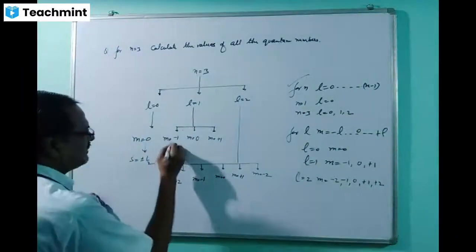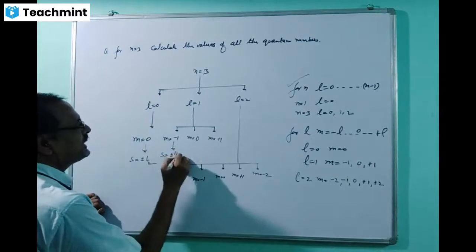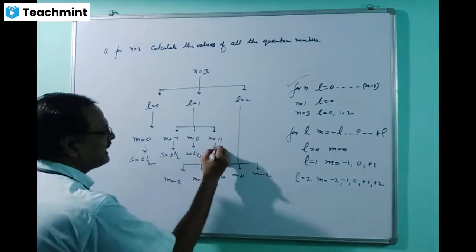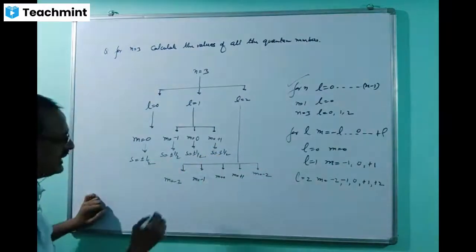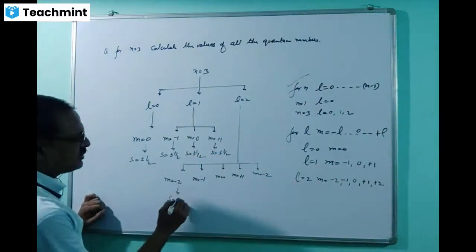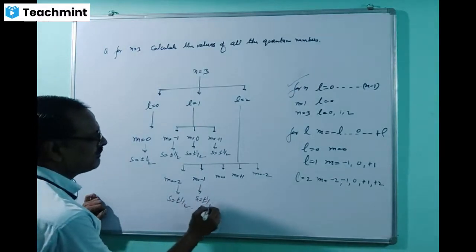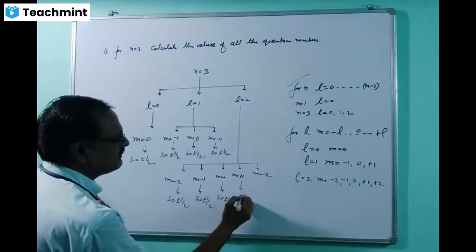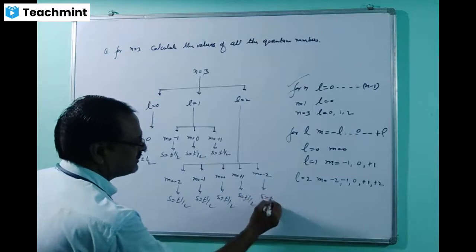In the same way, for each of the other values of m also, s is equal to plus minus half.